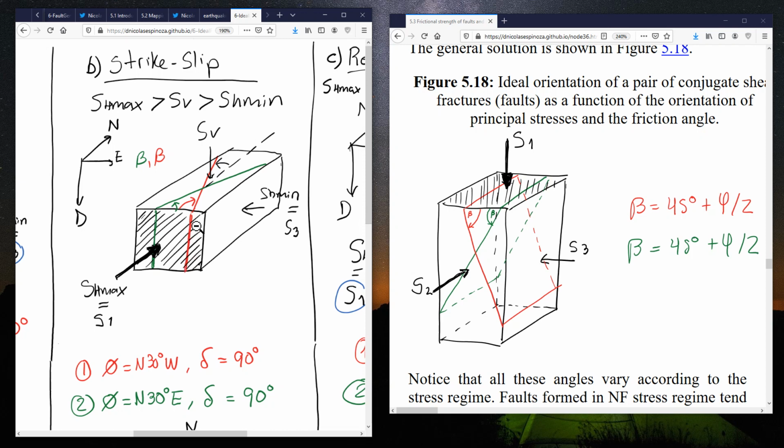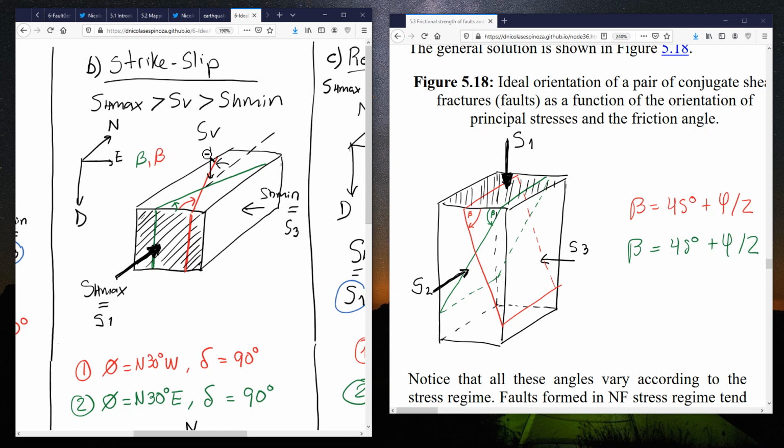The dip in this case is equal to 90 degrees, because this is the angle that results in the least amount of work as this fault moves down and moves doing work against the minimum principal stress, which in this case is SH min.